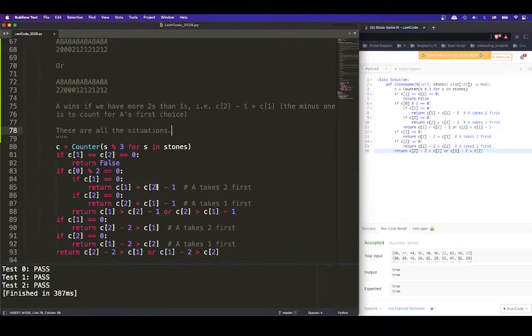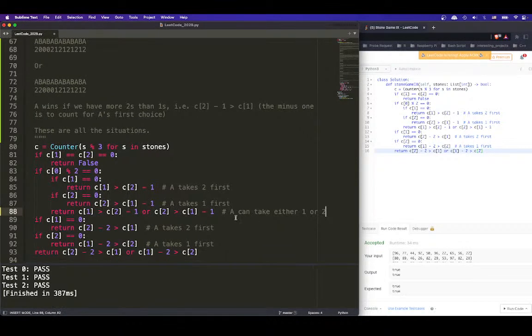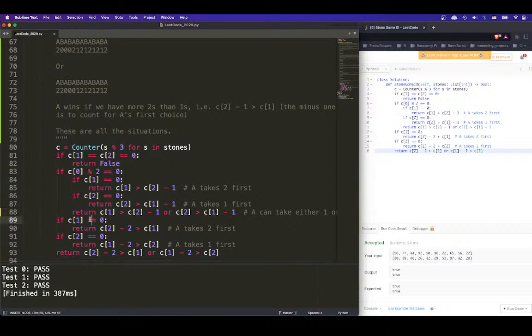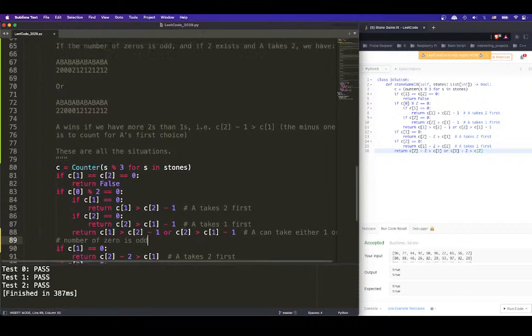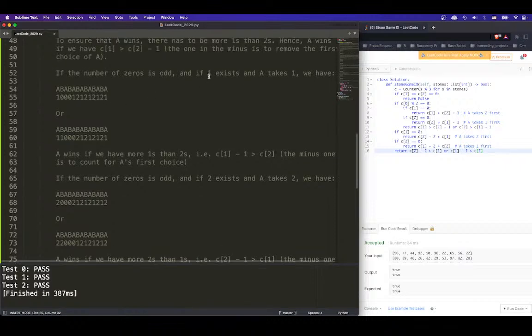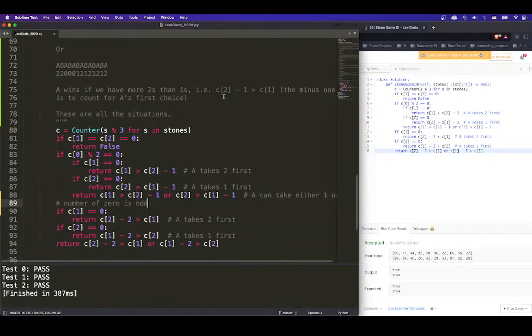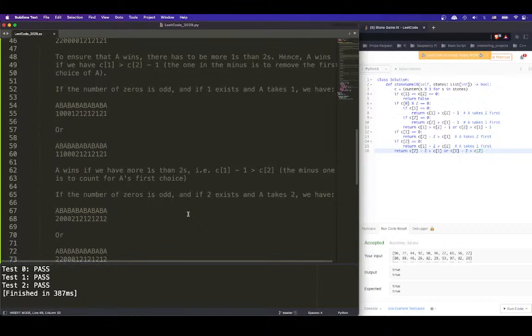Otherwise, if both exist, then either 1 or 2, right? And if C1 is equal to 0, otherwise, this is a situation where the number of 0 is odd, right? If it's odd, if it takes 1, then it has to be C1 minus 1. Say minus 2.